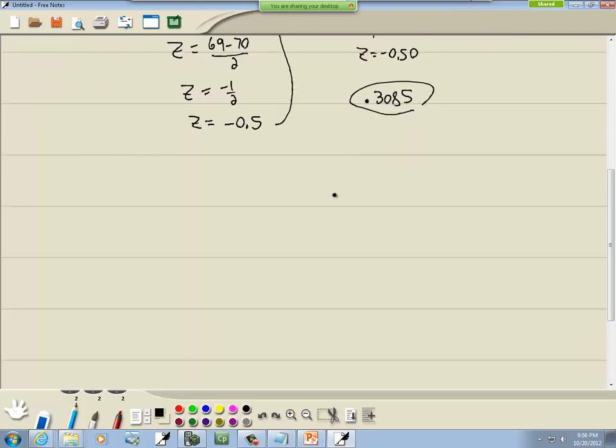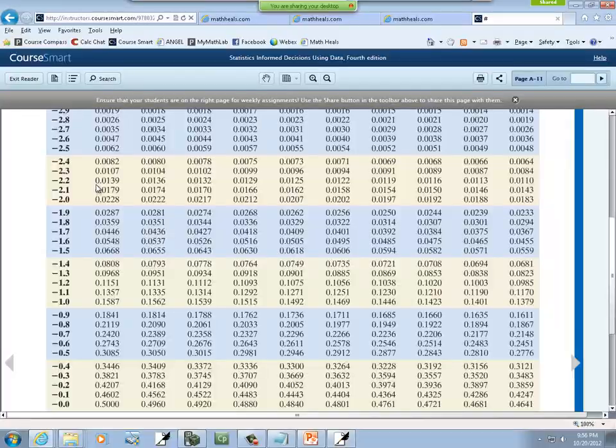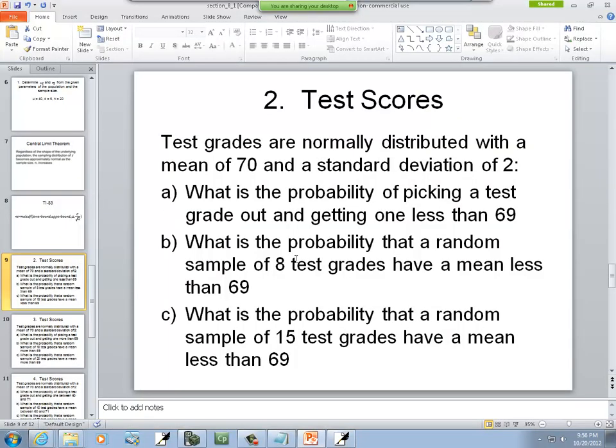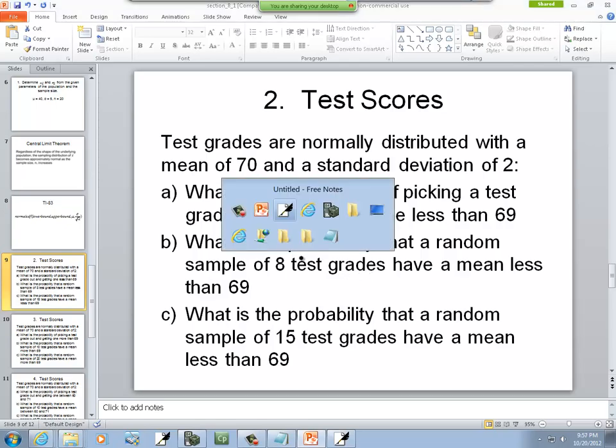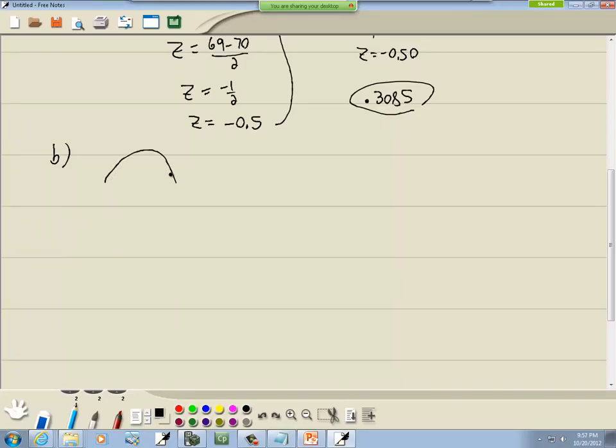Okay, now that's nothing new. That's what we did back with the normal distributions. Let's look at part B though. What is the probability that a random sample of 8 test grades have a mean less than 69? Okay, less than 69, still shaded to the left.